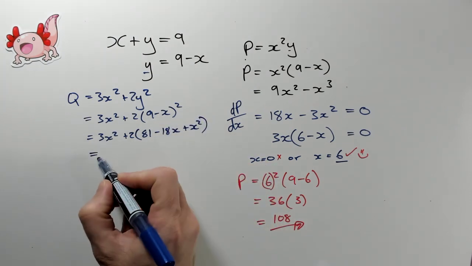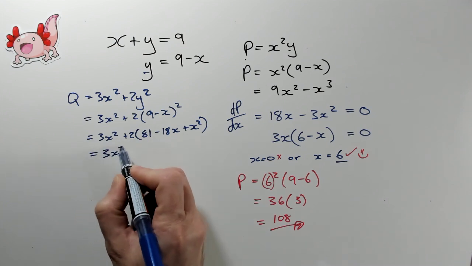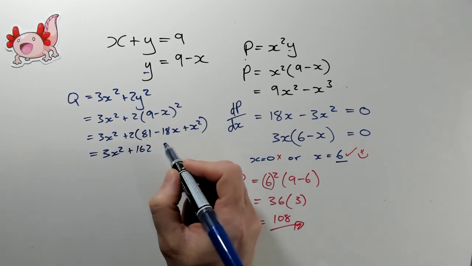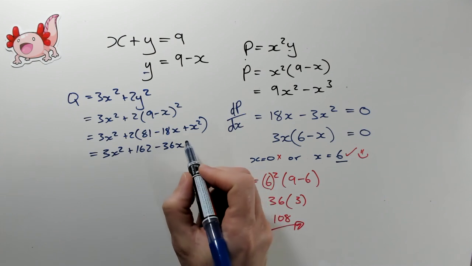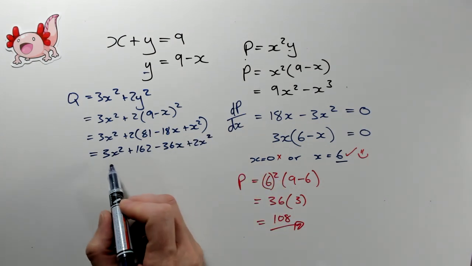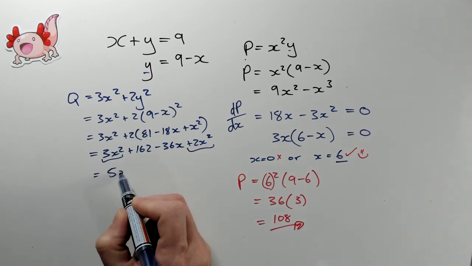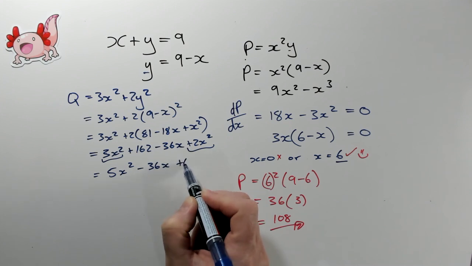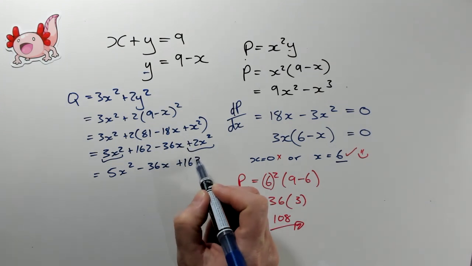That's all fine. Just carry on with this. So 2 times 81 is going to be 162. This is going to be minus 36x, and then plus 2x squared. I have like terms here, so those would add up to 5x squared minus 36x plus, sorry, not 60, 162.